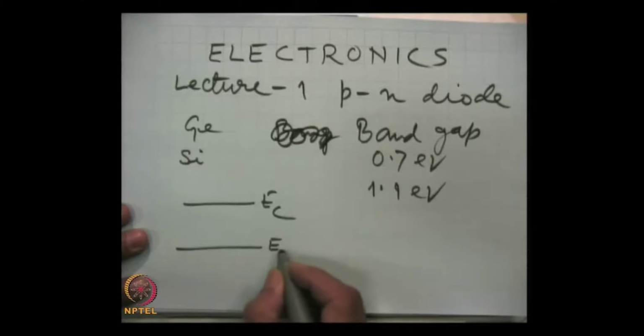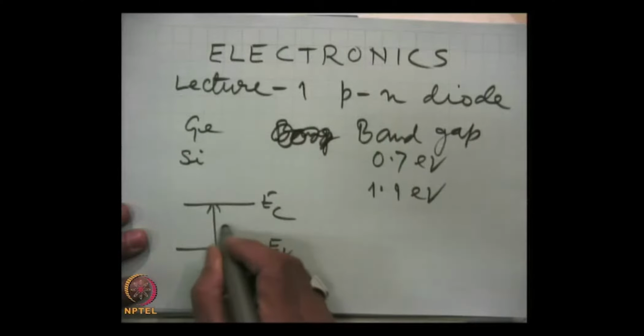The first thing is which of these two materials is better from the device point of view. You see that germanium has a lower band gap, and this band gap is between the conduction band and the valence band.